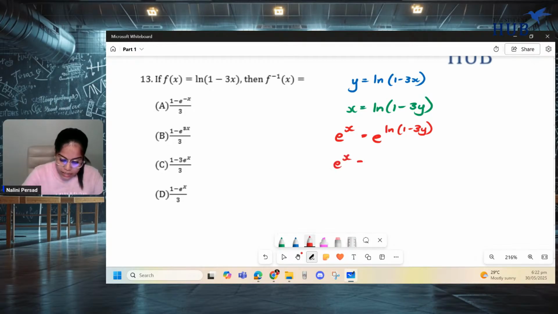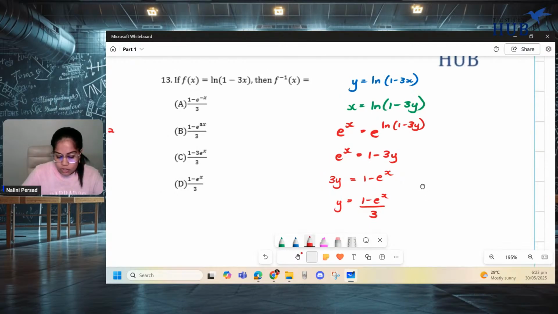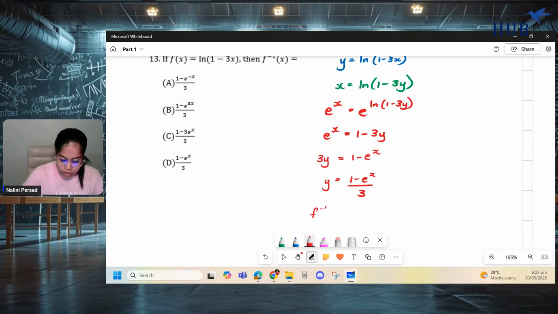So I get e to the x is equal to 1 minus 3y. I now take minus 3y, bring it across. Take e to the x, bring it across. So to make y the subject, I divide by 3. 1 minus e to the x divided by 3. So that there is your inverse. Option D.